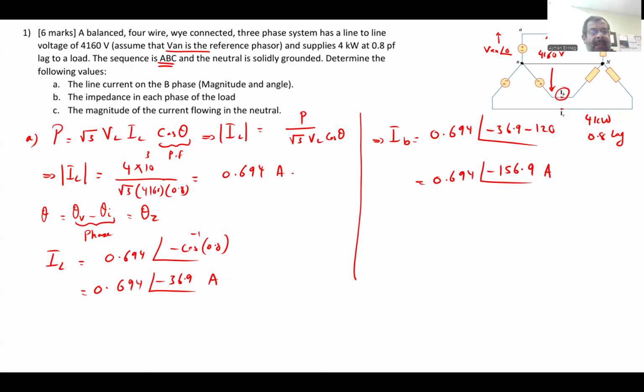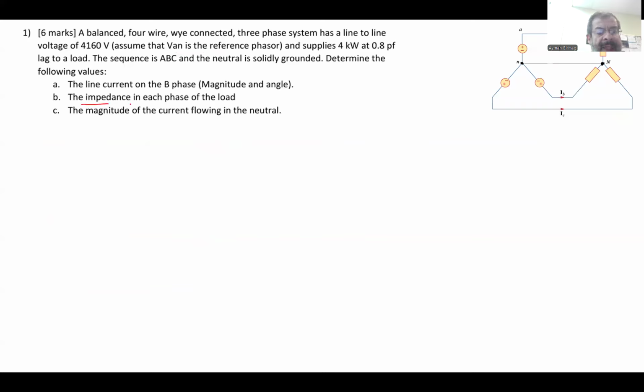Then the second part says to find the impedance of each phase. So I want to find this Z. It's the same everywhere because it is a balanced system. Your Z is basically your phase voltage divided by phase current.